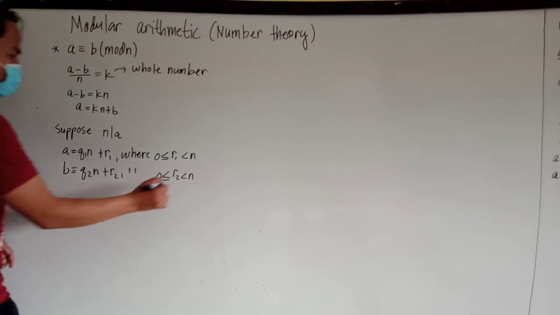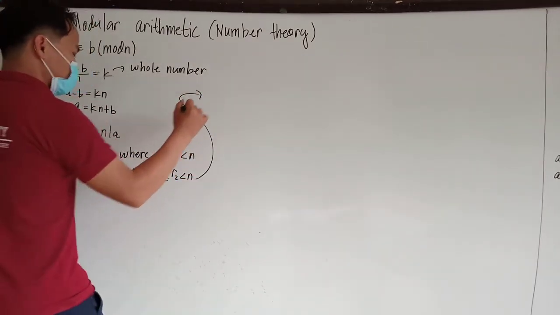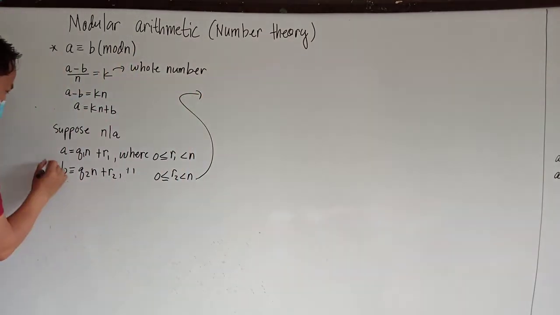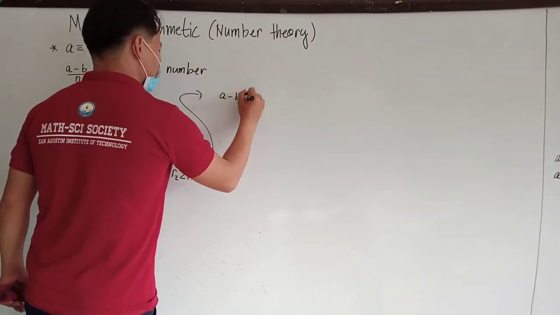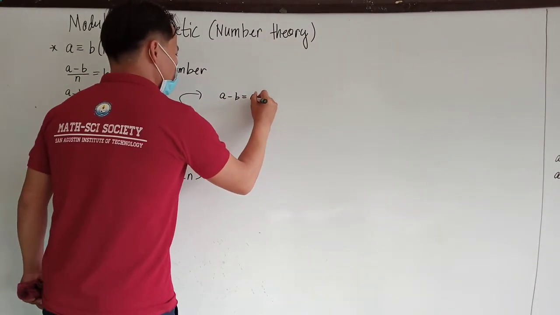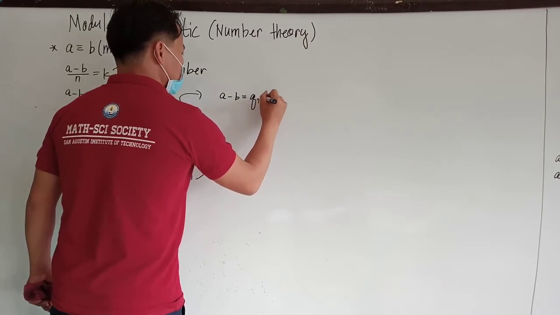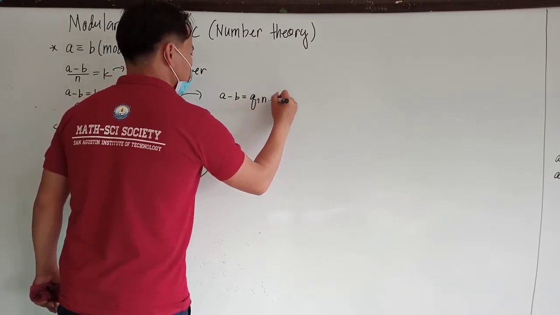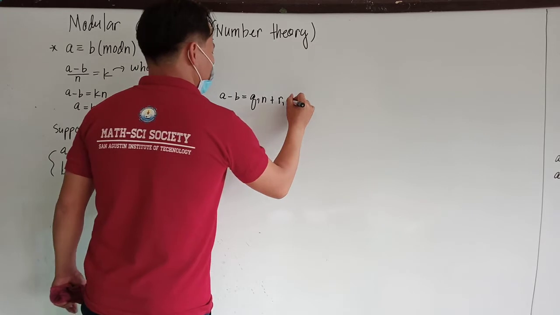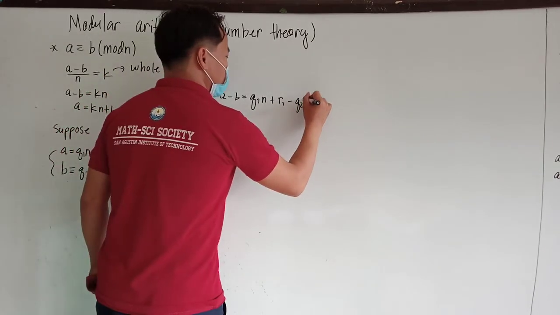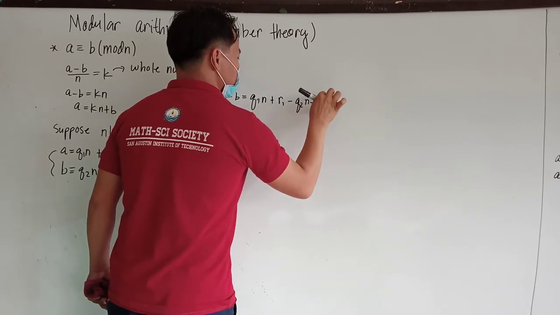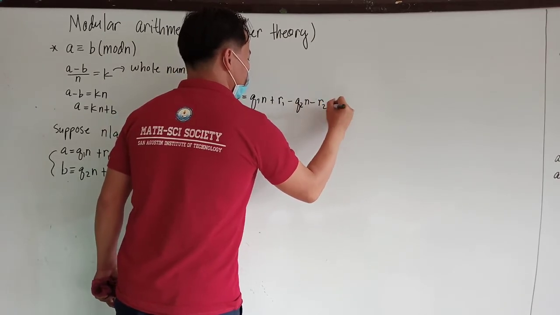So from that, we can now have a subtraction between these. We could have A minus B is equal to Q sub 1 times n plus R sub 1 minus Q sub 2 times n minus R sub 2.